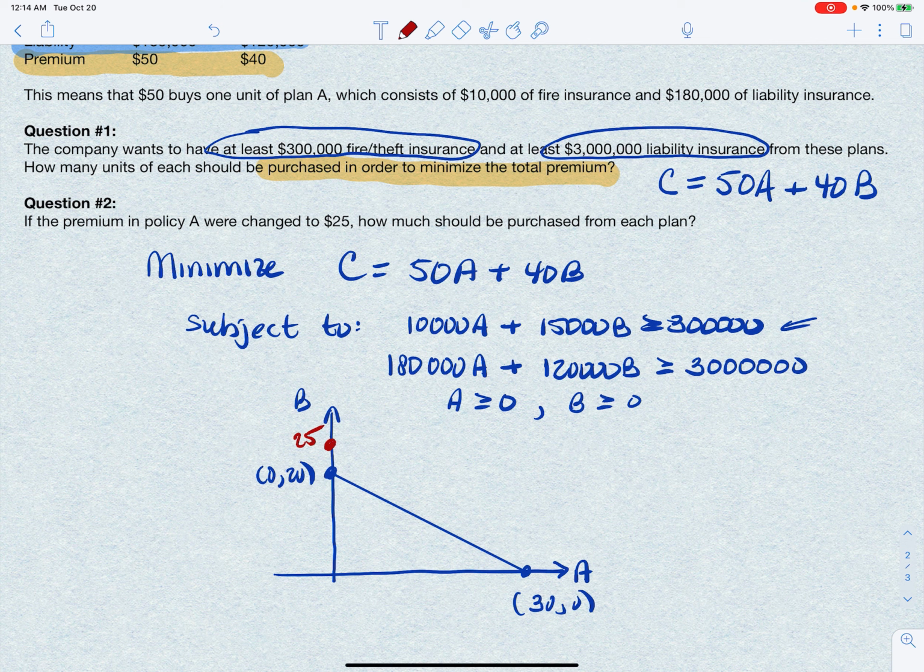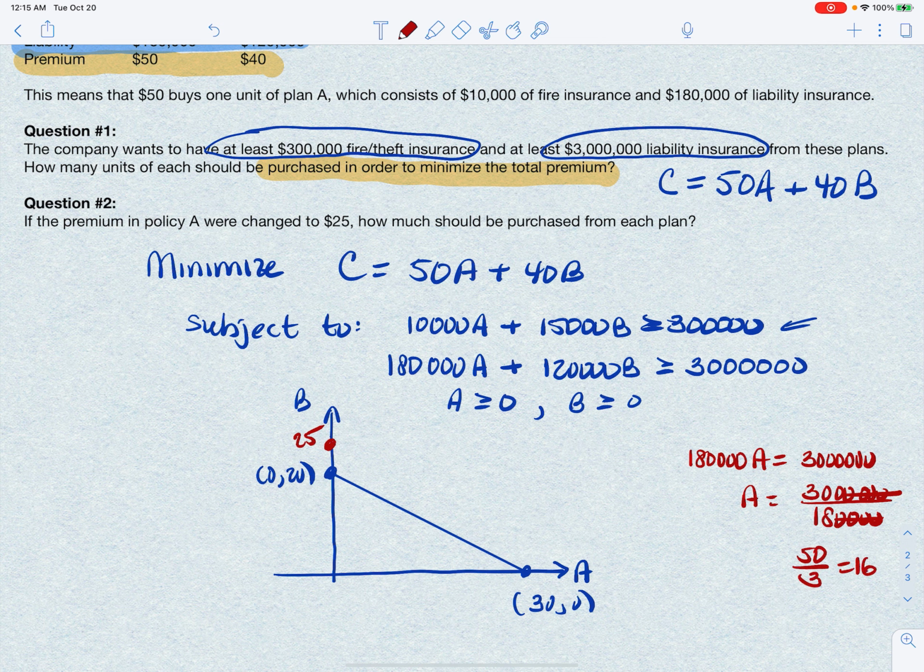And then for the other side, if B is equal to 0, I have 180,000 A is equal to 3 million, which means A is equal to 3 million over 180,000. I can cross out 4 zeros. I have 300 over 18, divide everything by 6. I have 50 over 3, which is 16 2/3. So we're talking right around here.